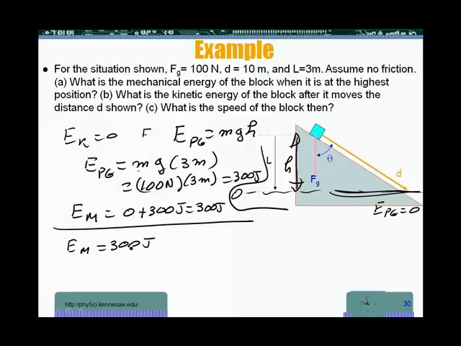So that means my mechanical energy is going to be, remember, EPG plus EK. So it's going to be 0 plus the kinetic energy. And since we don't have a gravitational potential energy, that tells us then the kinetic energy is equal to EM, the mechanical energy, which is our 300 joules.